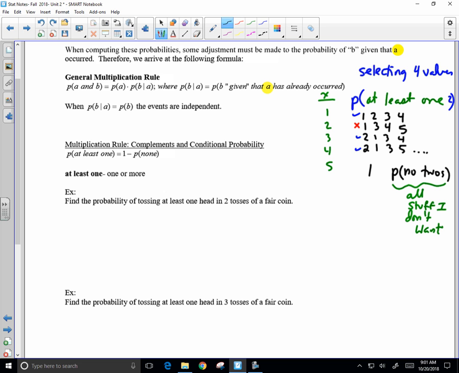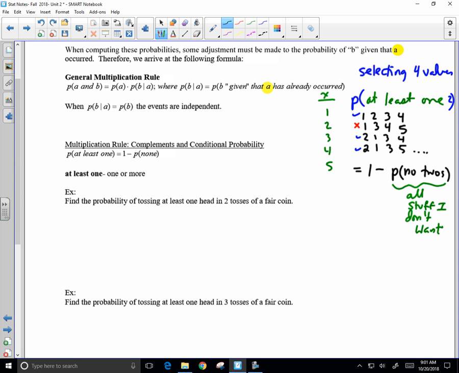So I would subtract this from 1, and that would be the same thing. So it's harder to find all the instances in which I would have at least a 2 in there somewhere. It's easier to find the cases where there are no 2s in there whatsoever. So find the cases that don't involve 2, find that probability and subtract that from 1, and whatever is left over must necessarily be what you're looking for.